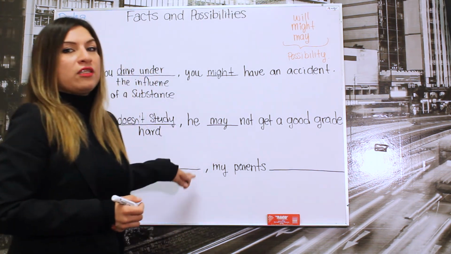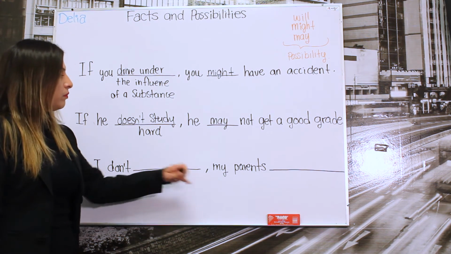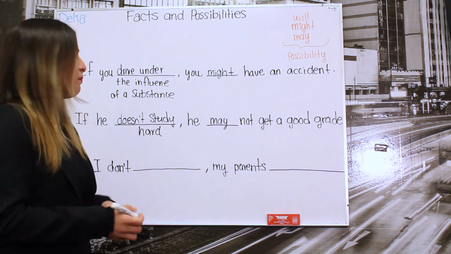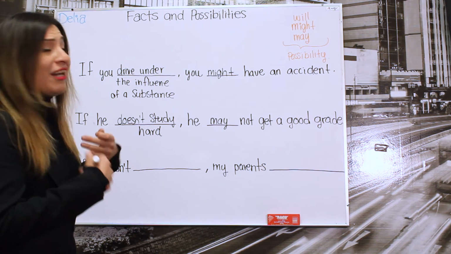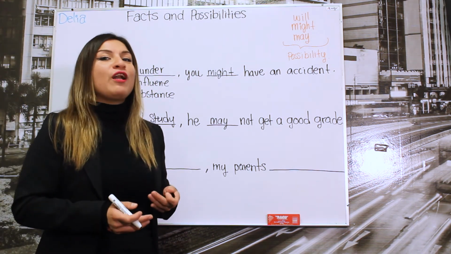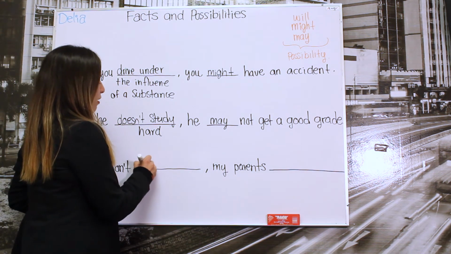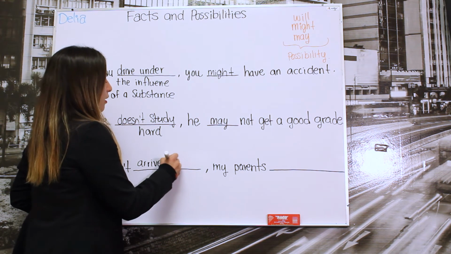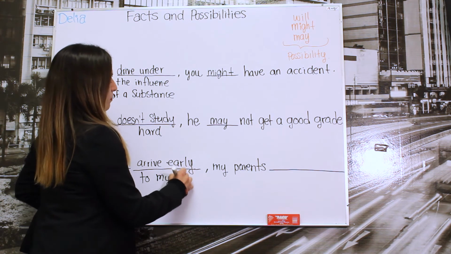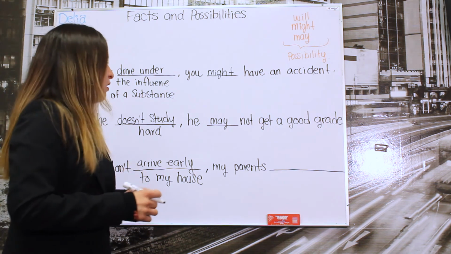Alright, so let's continue with the last example. If I don't, my parents. Not enough information, but no problem. Let's imagine I live with my parents, and of course I have rules to follow. So let's imagine the situation. If I don't arrive early to my house, what is the possibility?